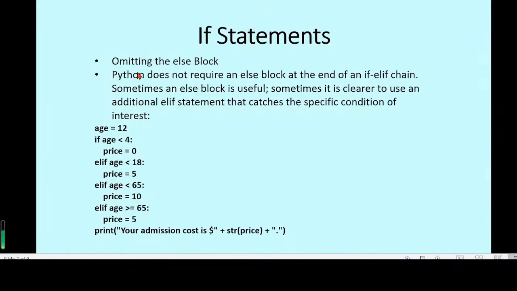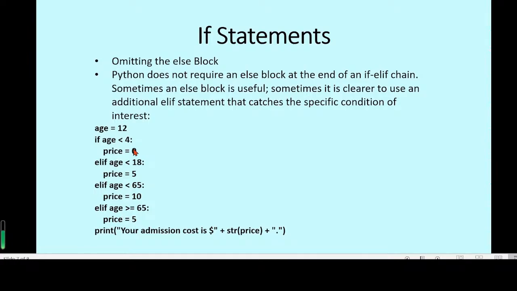And you can omit the else block. Python does not require an else block at the end of an if-elif chain. Sometimes an else block is useful. Sometimes it is clearer to use an additional elif statement that catches the specific condition of interest. So for example, age is 12 again, then we can run an if conditional test, then elif another one, then elif another one, then elif another one.